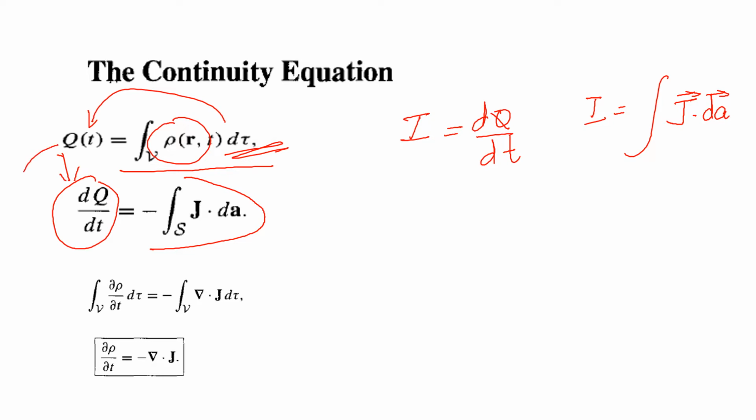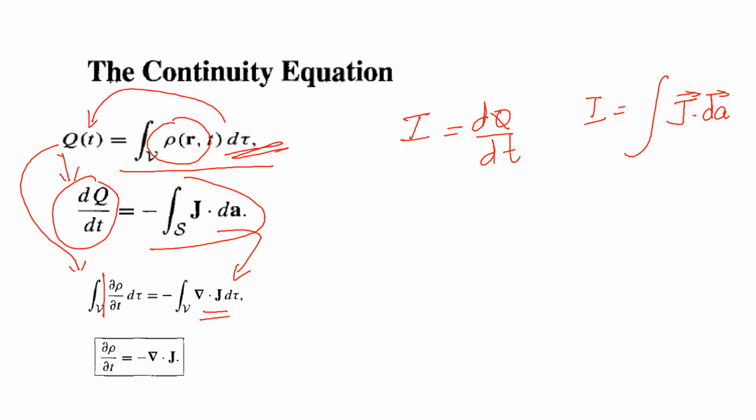So we substituted this, that is equal to, now the integral over the surface can be converted to an integral over the volume. The integral over the surface of J dot dA can be written as the integral over the volume of del dot J times d tau. Now compare the two sides, the right and left sides.